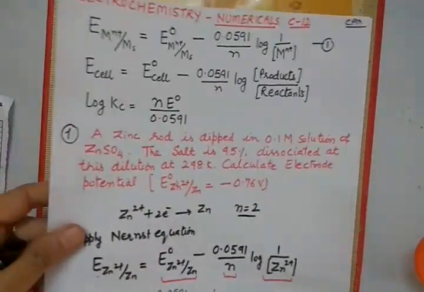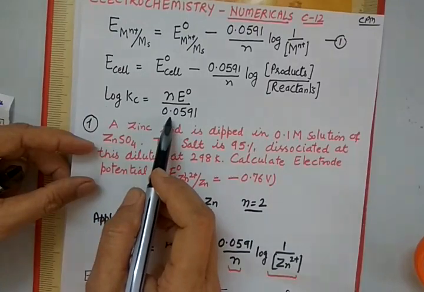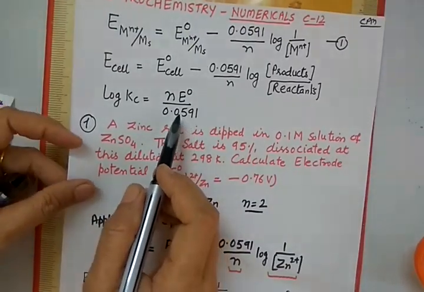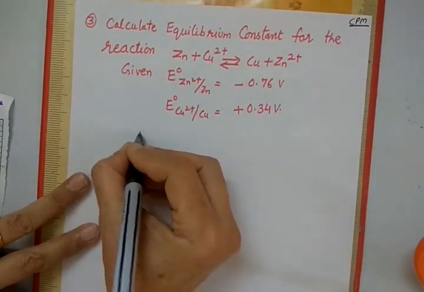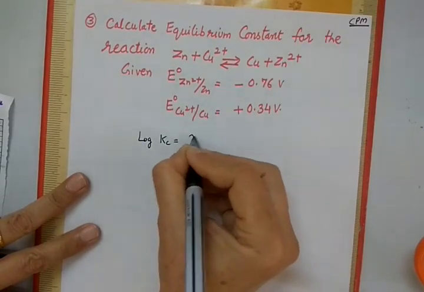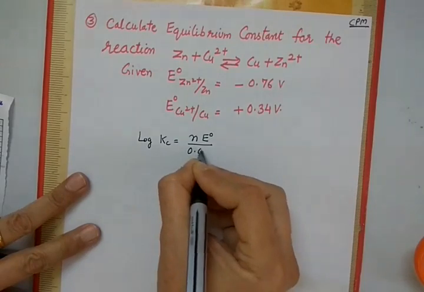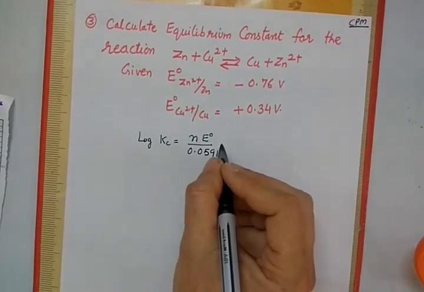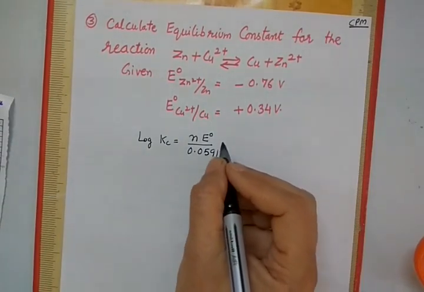What we wrote as the formula: log Kc is equal to N E naught over 0.0591. Clear? Log Kc is equal to N into E naught divided by 0.0591. Clear? Very simple.